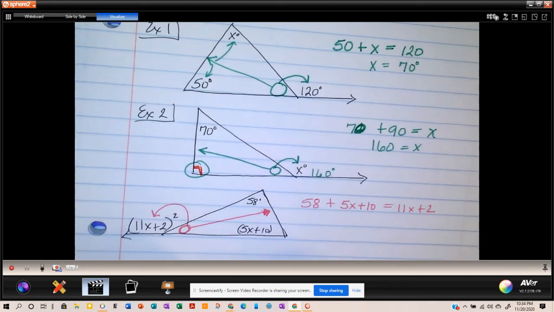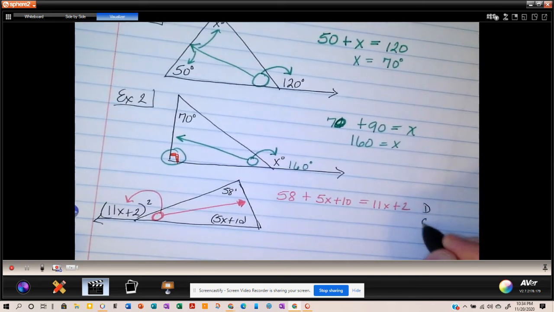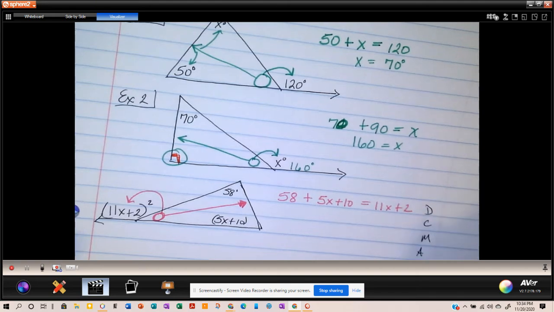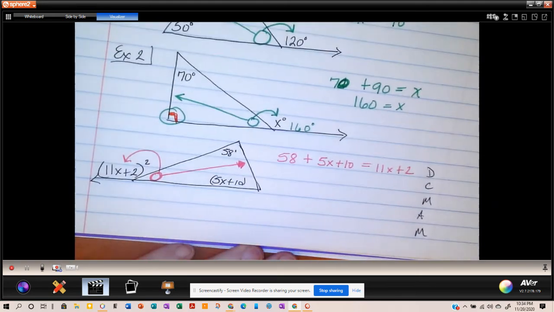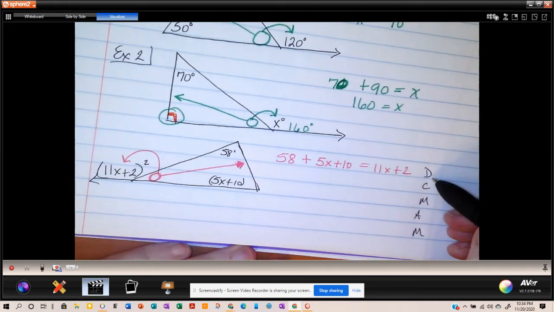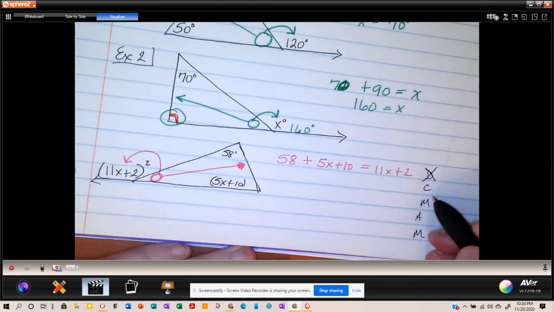That's a long equation. So I need to bring out my DCMAM. Do I have anything to distribute? No, I have no parentheses. Do I have to combine like terms?